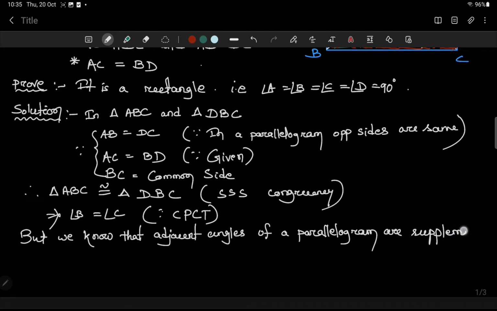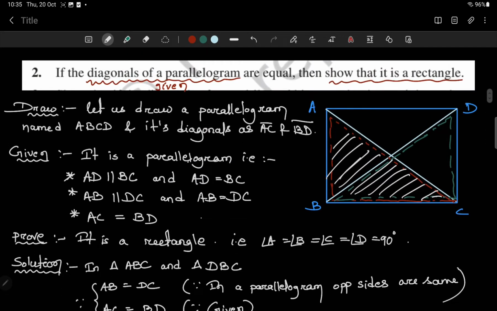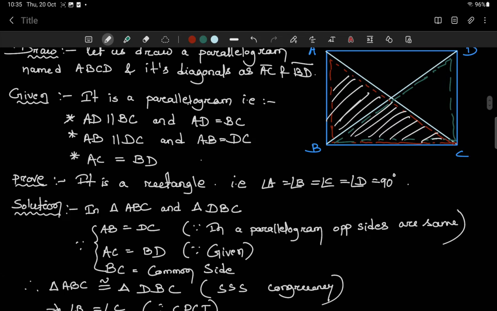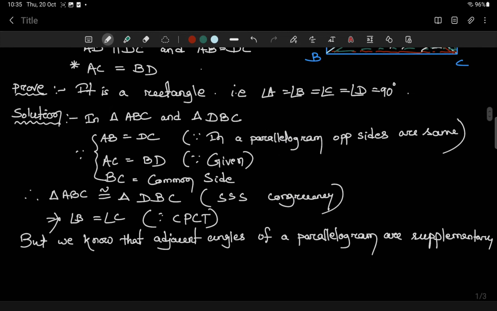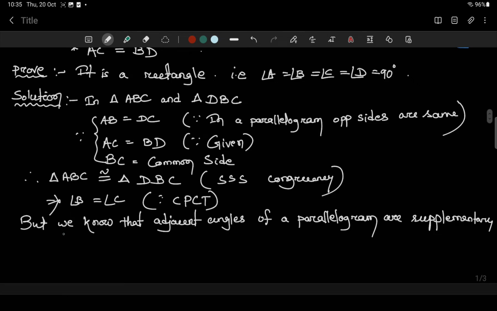We just saw this in the theorem. So adjacent angles of a parallelogram are supplementary. That means angle A plus B equals 180 degrees, B plus C equals 180 degrees, C plus D equals 180 degrees. So hence we can say that angle B plus angle C equals 180 degrees, because these are adjacent angles.